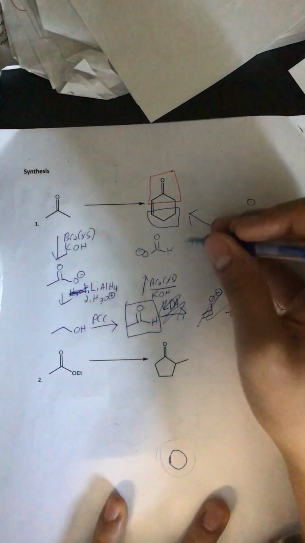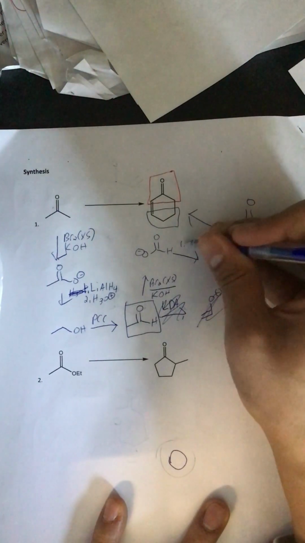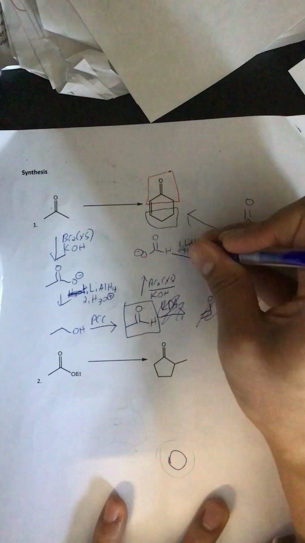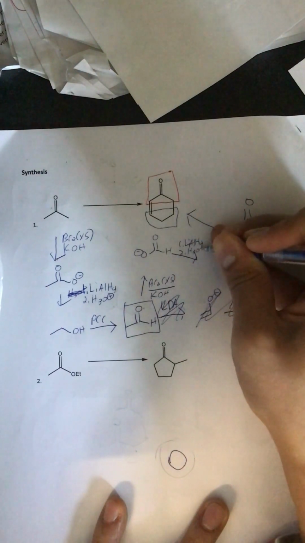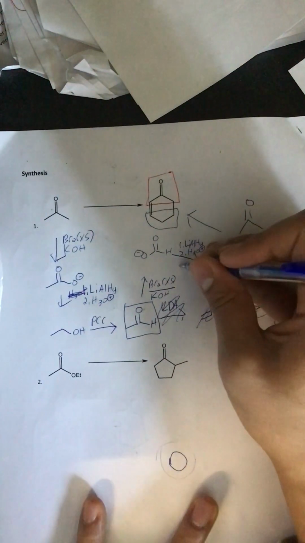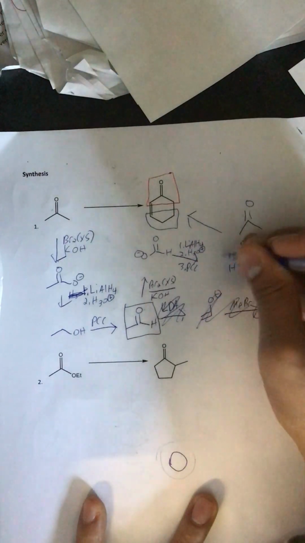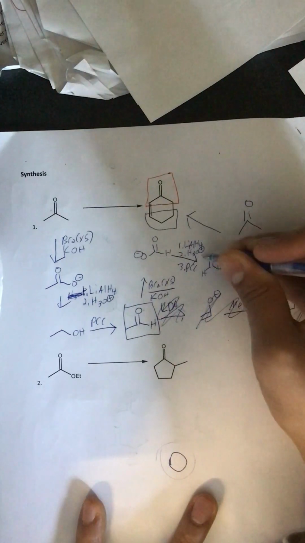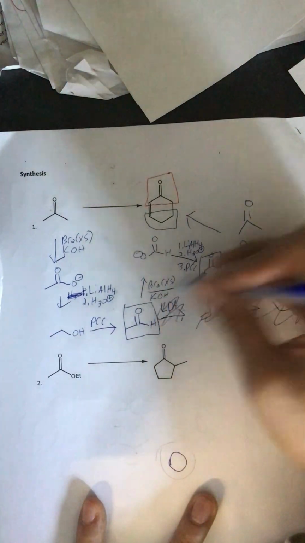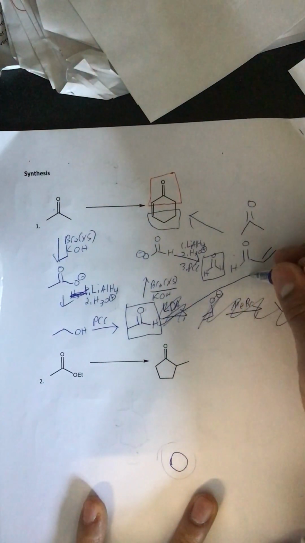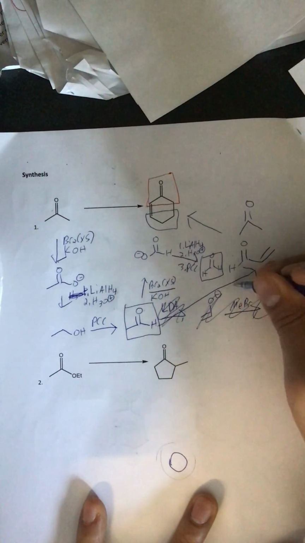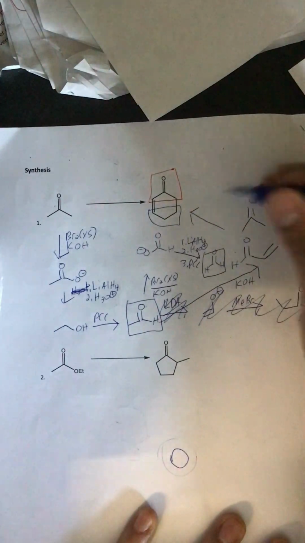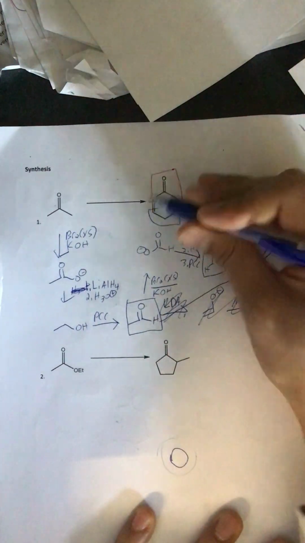This I have to reduce with lithium aluminum hydride. That'll make it methanol, and then I'll just add a PCC. And what it will do is it'll make this, formaldehyde. This and this can do an aldol together to make this. Right? And then when I make this, I can react it with here, and this can just be KOH. I'll get to the final one.